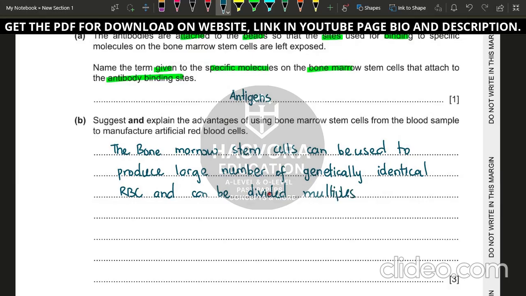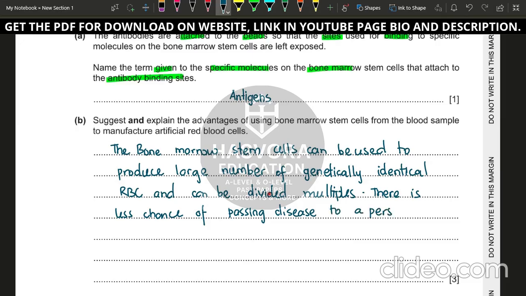then you can also write that you are actually using the bone marrow stem cells, so there is less chance of passing disease to a person.